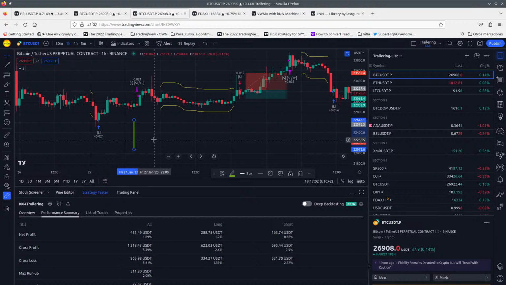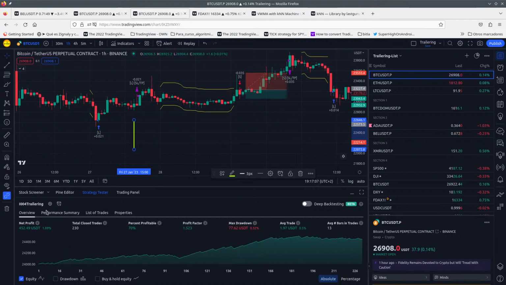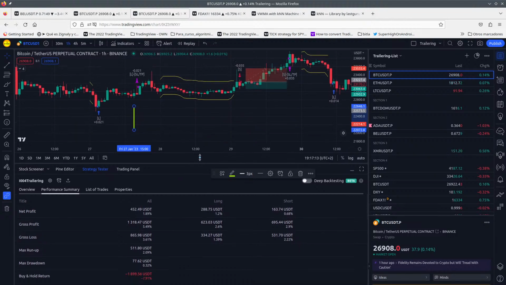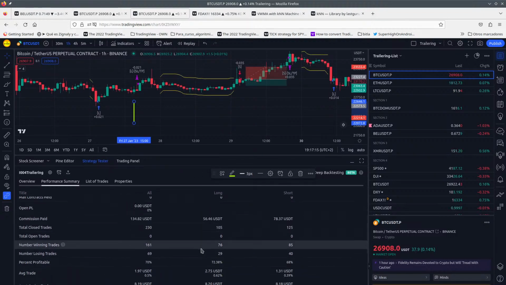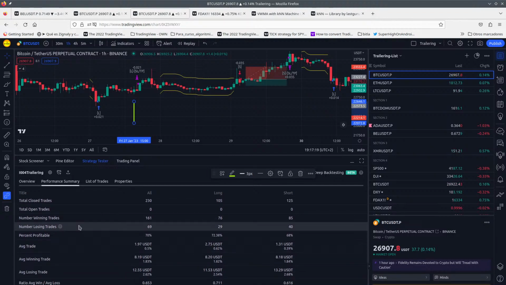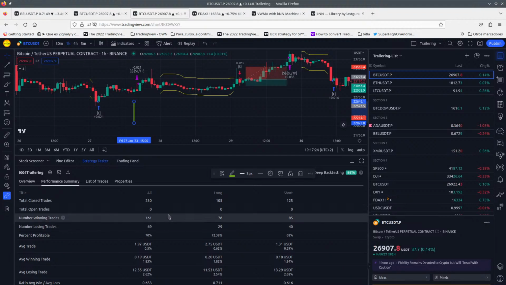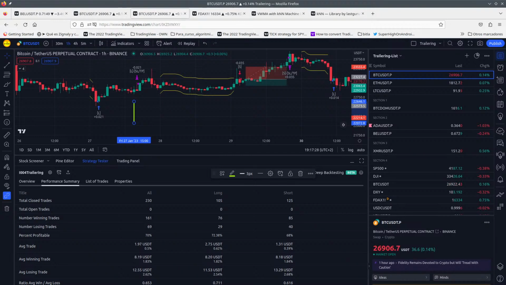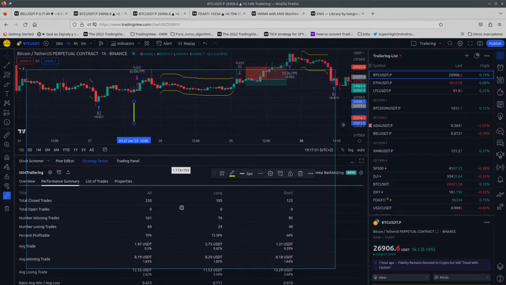Okay, so maybe we can write down here some stats so that we can compare for later. So maybe what we want to do is the number of winning trades and number of losing trades for long. Maybe we want to screenshot this so that we can compare later, because otherwise I don't know what to do here.